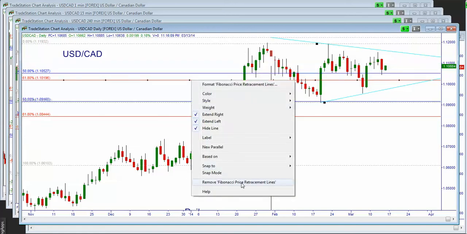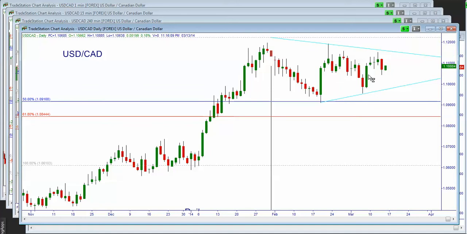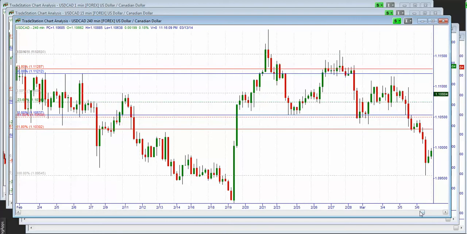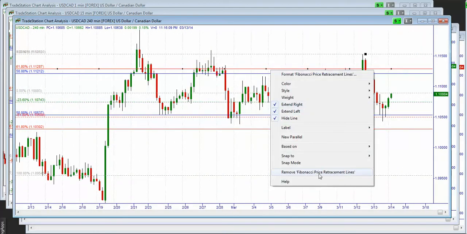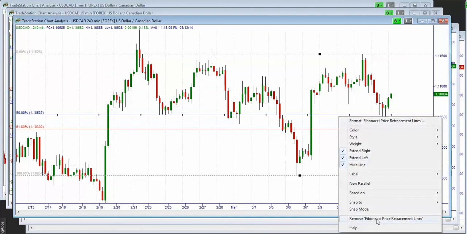So this triangle is just a consolidation on top of a support level. This could well be a reversal formation, but at the moment it's a formation on top of support.